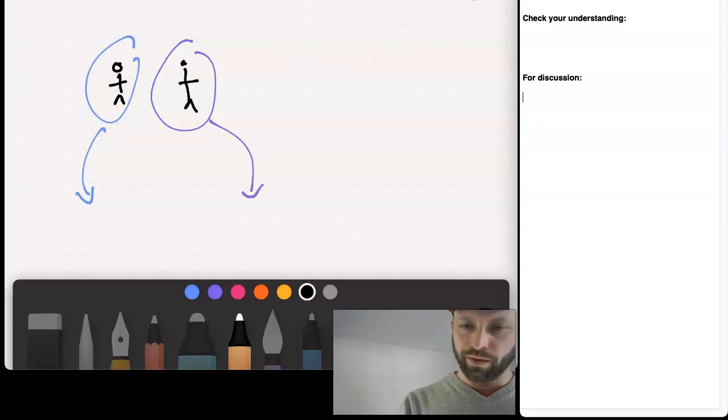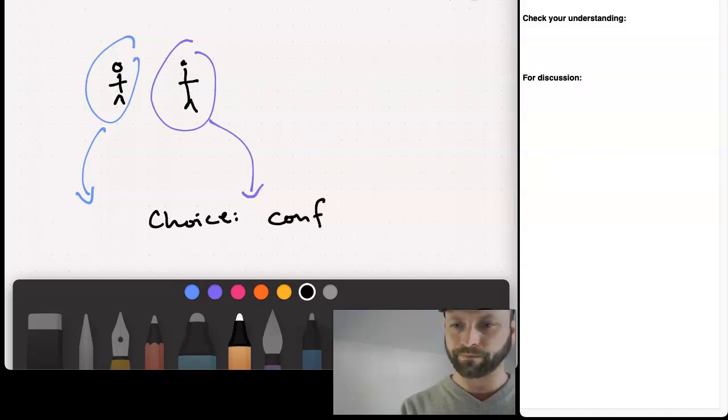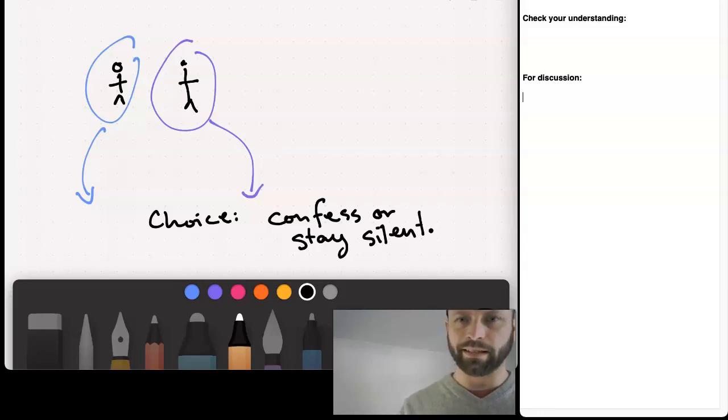The choice is to confess or stay silent. Both of the thieves are given that same choice, and there are different payoffs due to either of these choices, right?